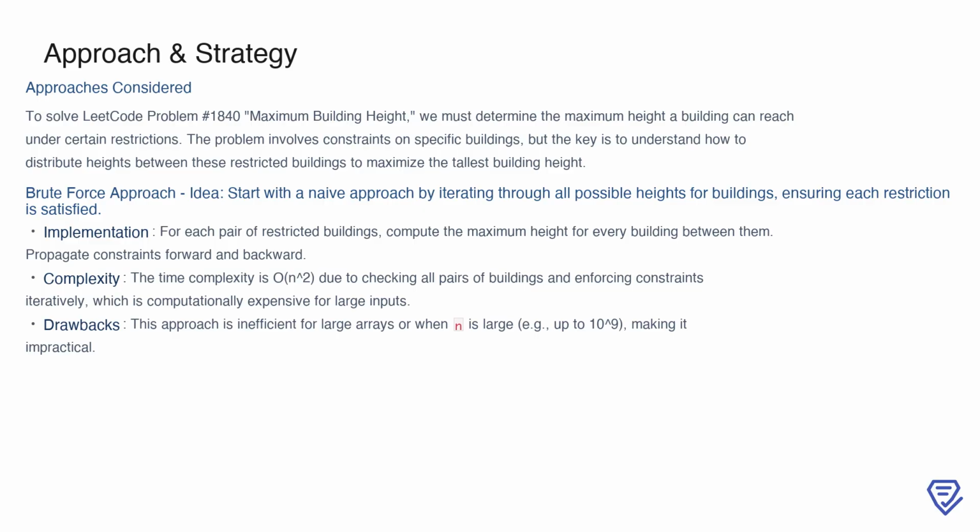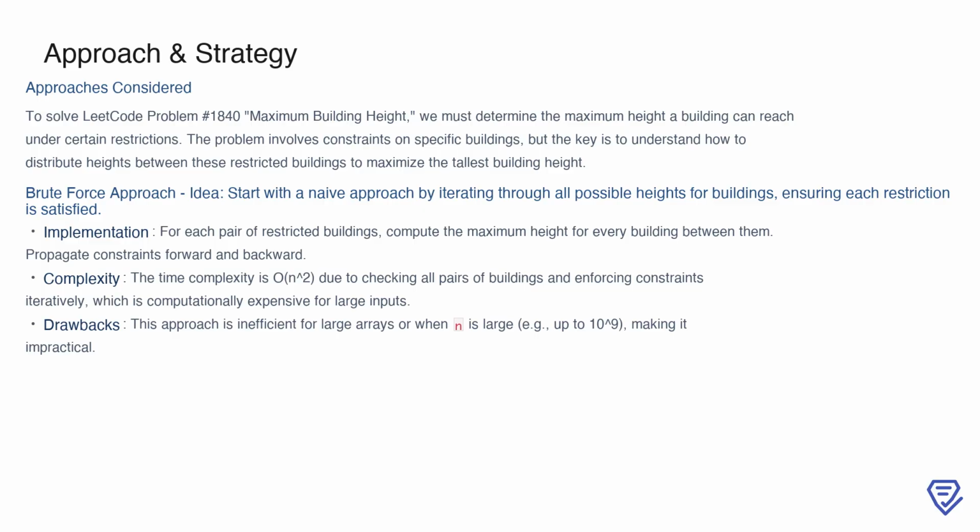A naive approach we can consider is the brute force method. Here, we iterate through all possible heights for each building, ensuring that the constraints between restricted buildings are met. For example, we compute the maximum height for every building located between two restricted buildings, propagating these constraints forward and backward to maintain consistency.